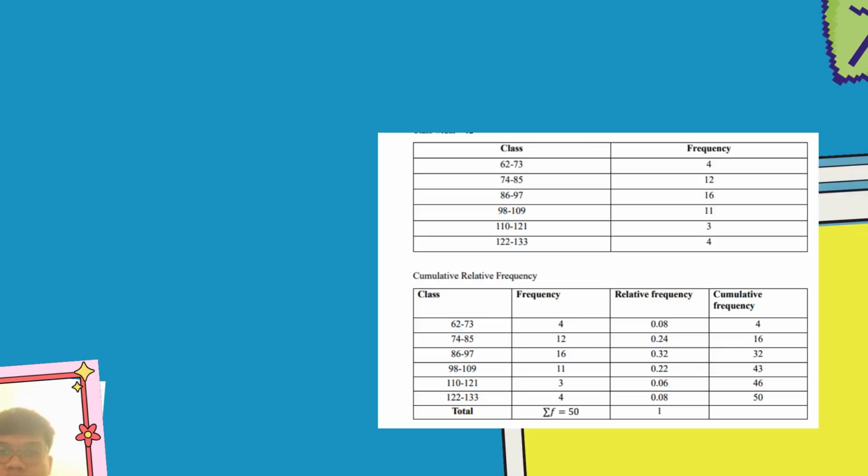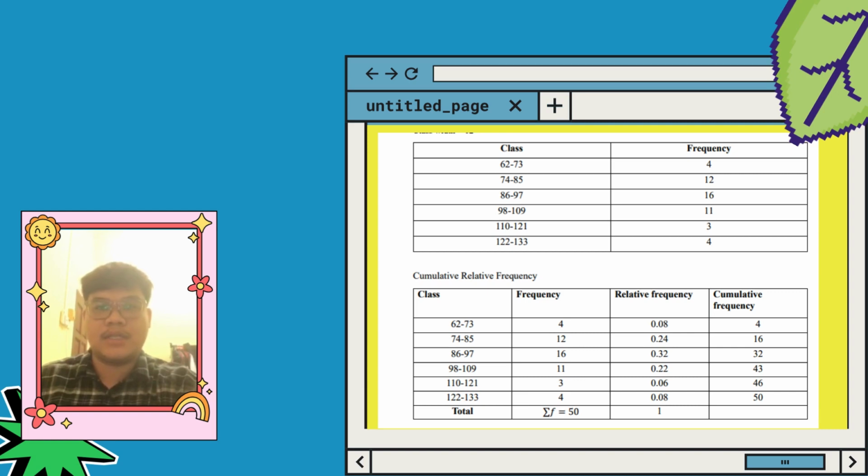Now, according to the data found, the class width is 12. There are 6 classes and the class width is 12, where the highest frequency is 16 and the lowest is 3.